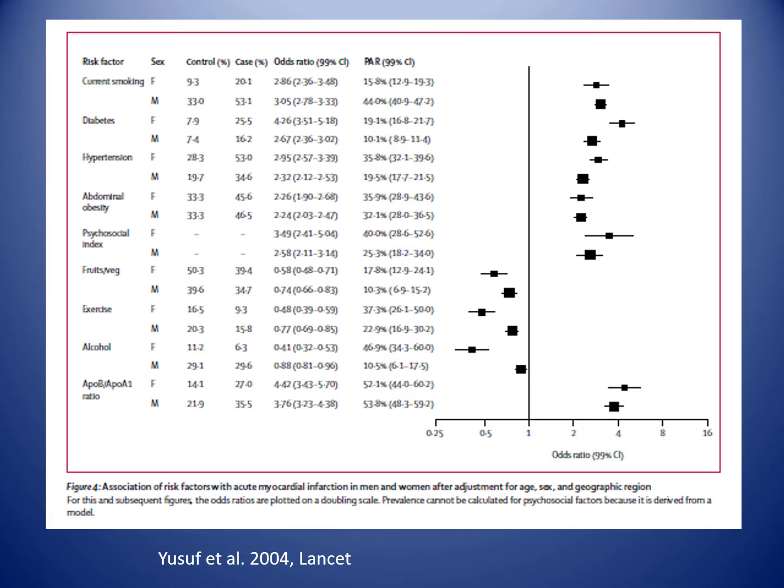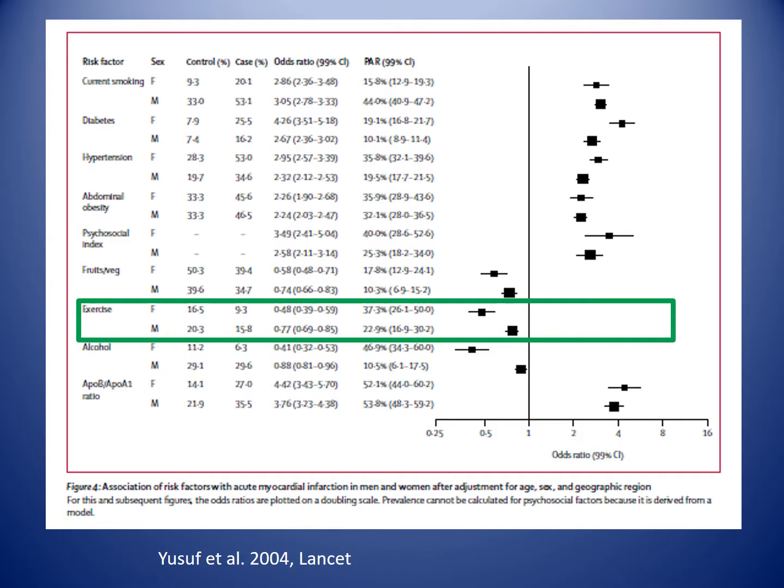If you see the dark square to the right of this dark line, that's an odds ratio greater than 1, and if you see the black square to the left, that's an odds ratio less than 1. We're primarily interested in exercise. Remember, we're comparing cases who have had a heart attack to controls who have not.